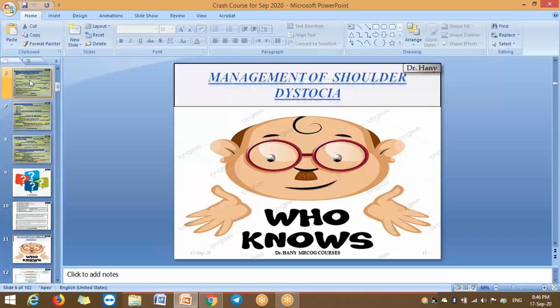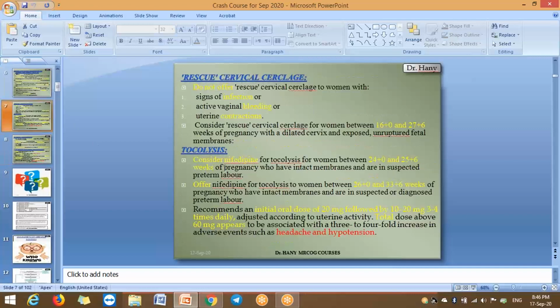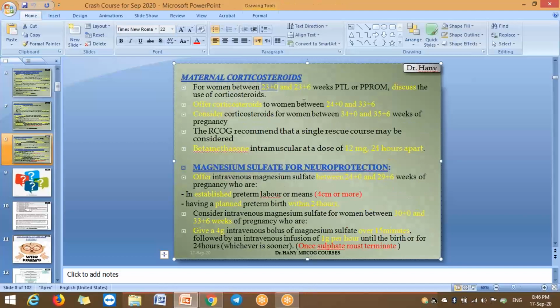You see here, rescue cerclage is from 23 to 23 plus 6 weeks. And the patient here is 22, so it is not. Rescue cerclage can be done, but it is not for corticosteroid. It is not a candidate for anything.